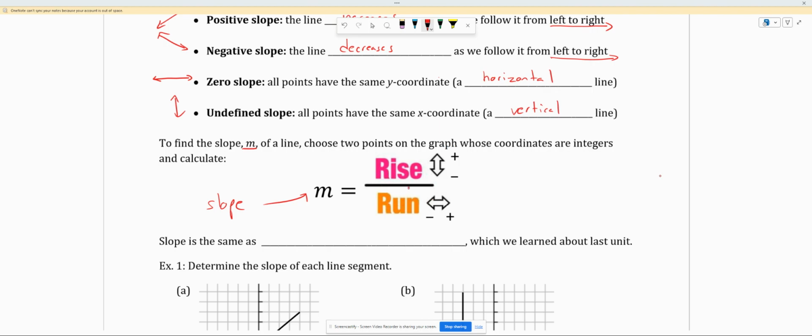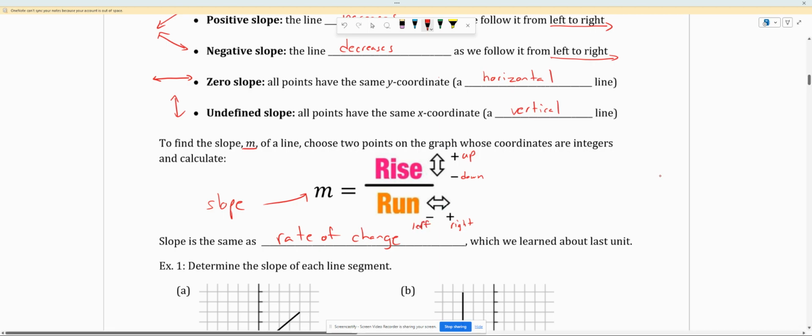This should ring a bell because we did do this. It's the exact same thing as rate of change. Let me reference this plus minus over here. Plus would be up, negative or minus would be down, and plus here would be to the right, and left would be negative.